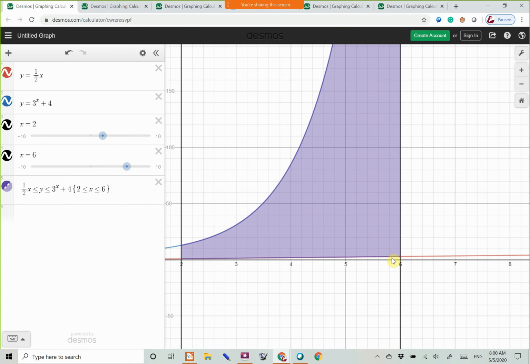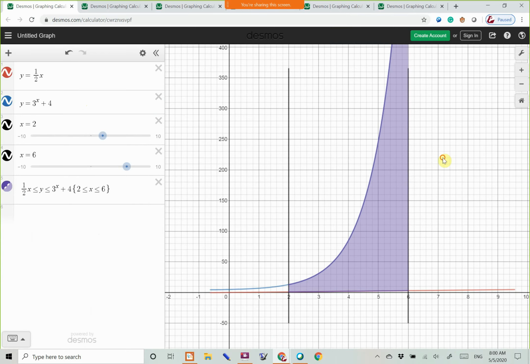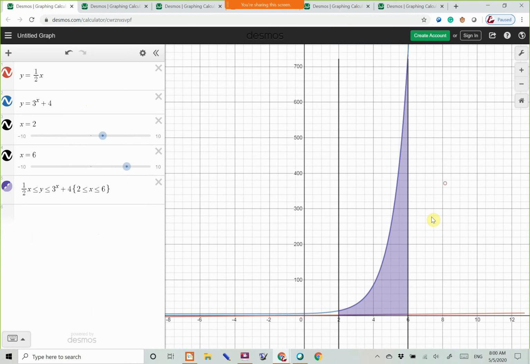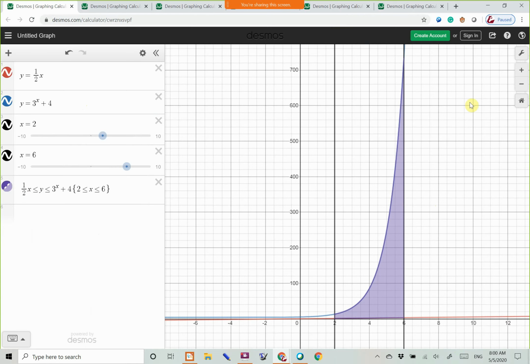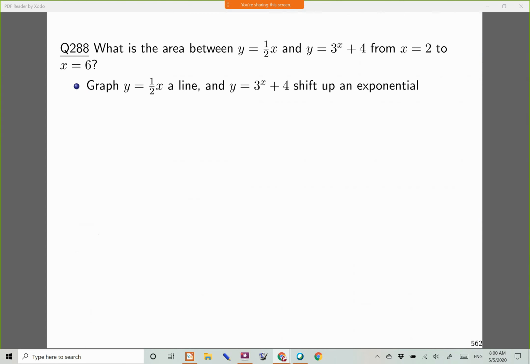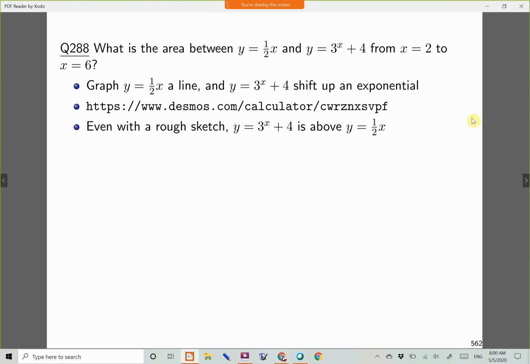Notice it's missing this part down here. The blue curve is above. This exponential curve shoots up really huge in comparison. So there's that link if you want to look at it later. So even with a very quick sketch, the whole point is that this one is above that one.